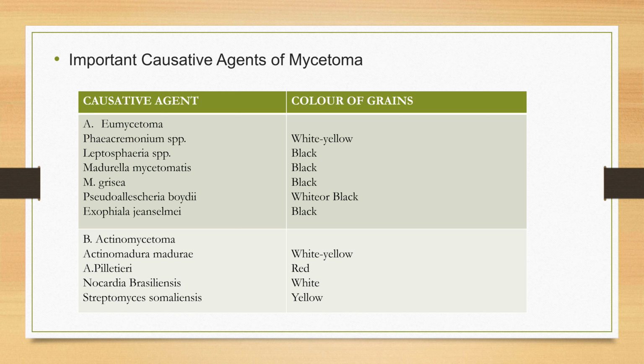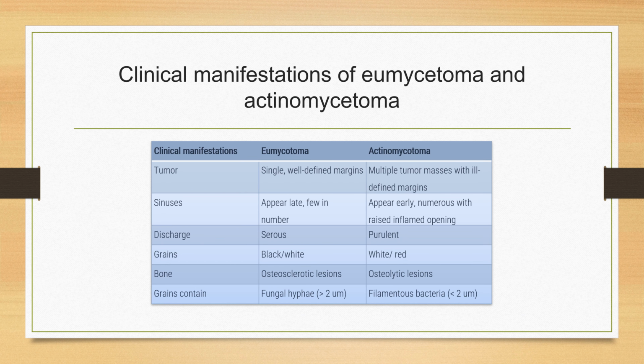So what is the clinical manifestation of eumycetoma and actinomycetoma? In eumycetoma, the tumor is single, well-defined with margins, and the sinuses appear late and are few in number. Whereas in actinomycetoma, multiple tumor masses with ill-defined margins are there, and they appear early, and numerous sinuses appear with raised inflamed openings.